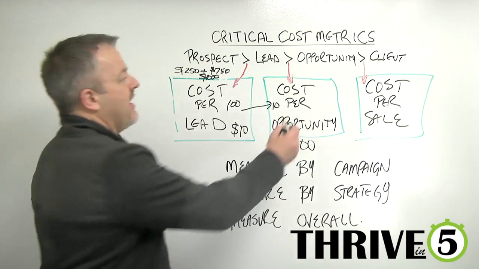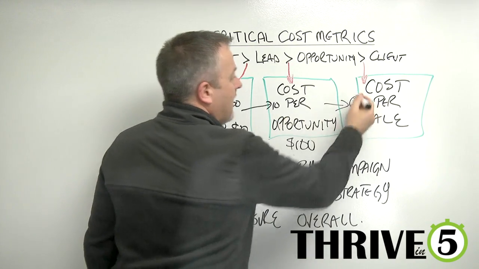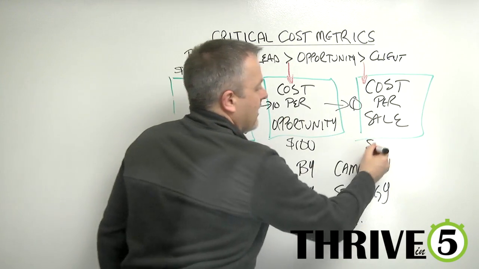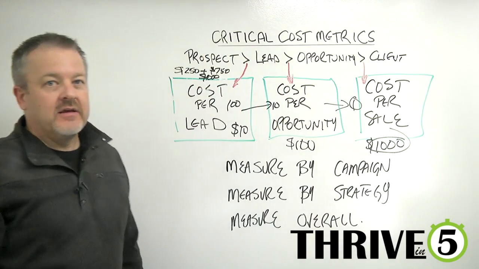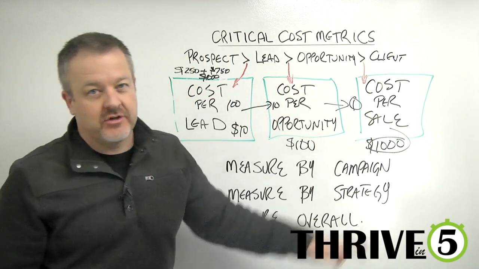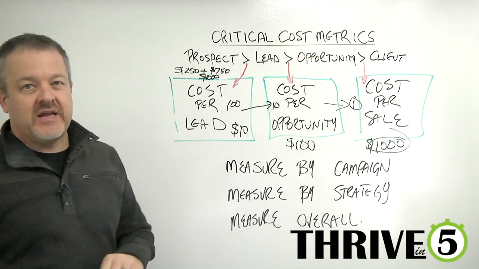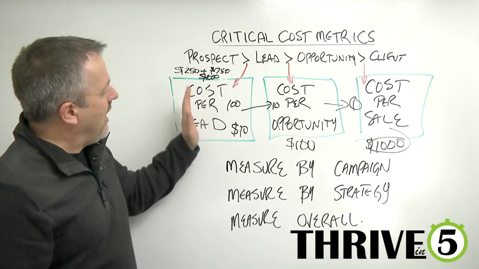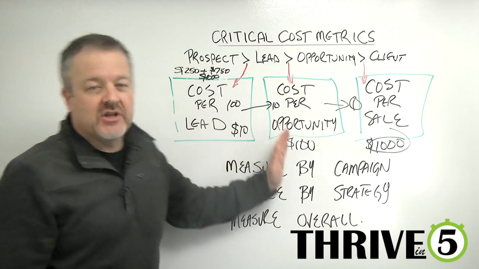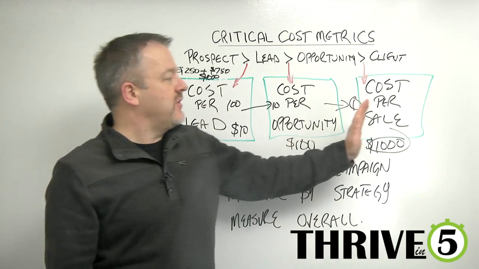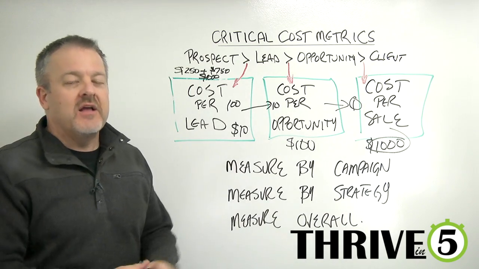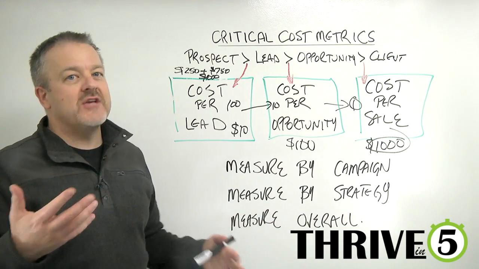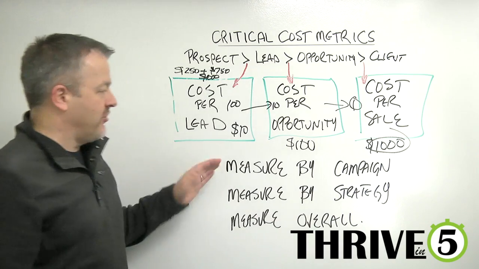And then based on that, let's assume you've only got one client out of that. You end up having a $1,000 cost for that sale in this particular structure. So it's really important that you understand those numbers. You know how much it costs you to get somebody in the door, how much it costs you to get a proposal to them, and then how much it costs you to get that sale, because those numbers start to become the foundation with which you measure the relative success of your campaigns.